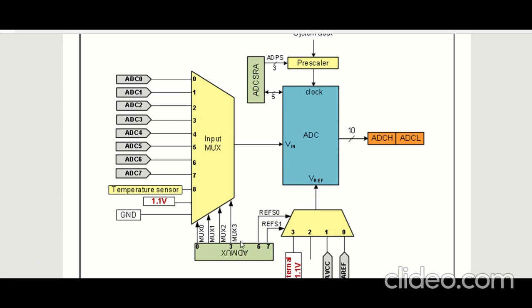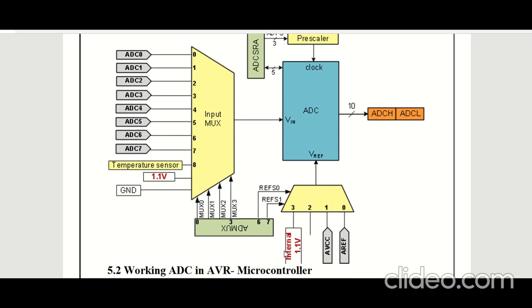These bits are set according to our datasheet, according to the pin which we have to select here. ADMUX has another function, which is used to set the reference voltage, and it has an internal reference voltage of 1.1 volt.